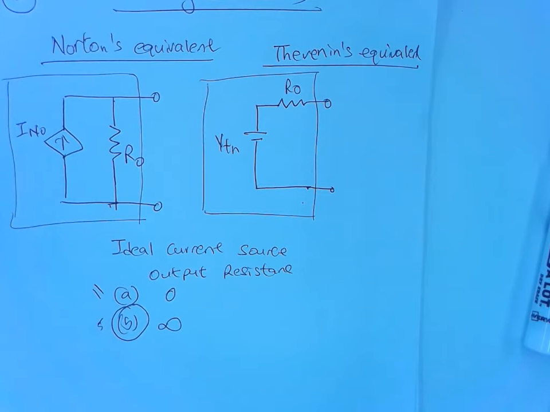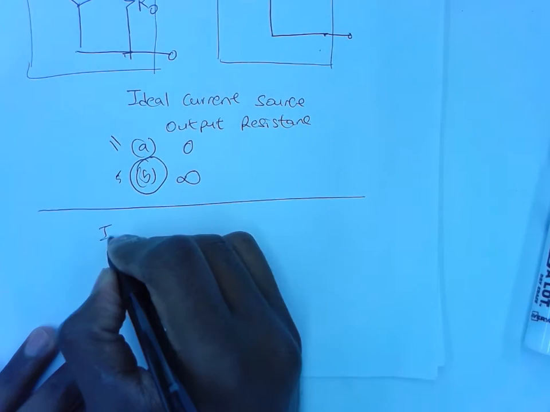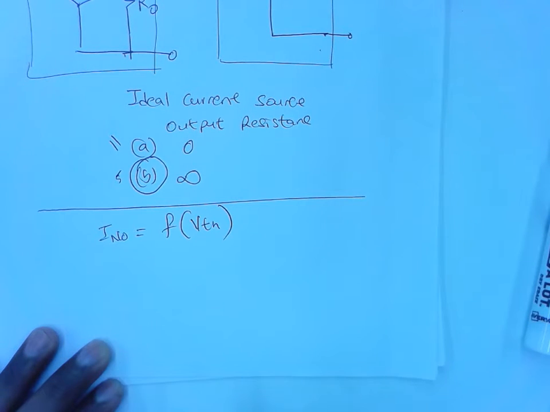Answers? I want the relationship between I_N and VTH. What is that function?